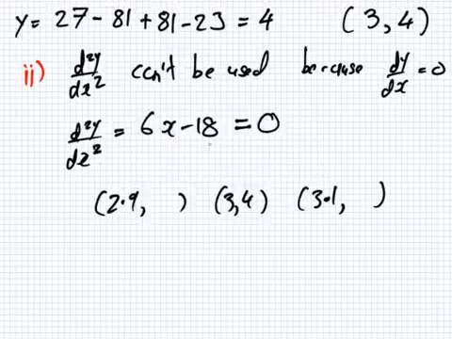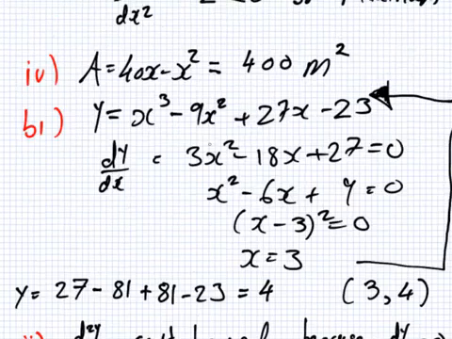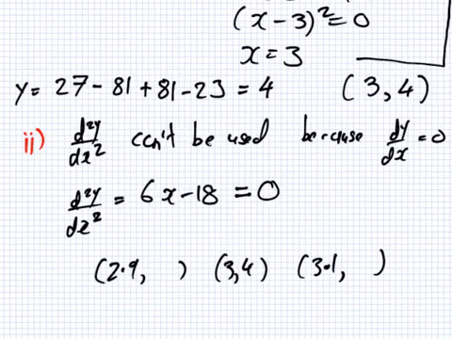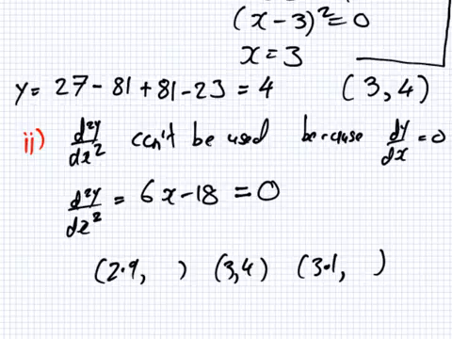My program's loading. Maybe you can type it in. Can somebody type in 2.9 into the cubic and 3.1? Malik, maybe you could do the 3.1. And then somebody will give me 2.9.